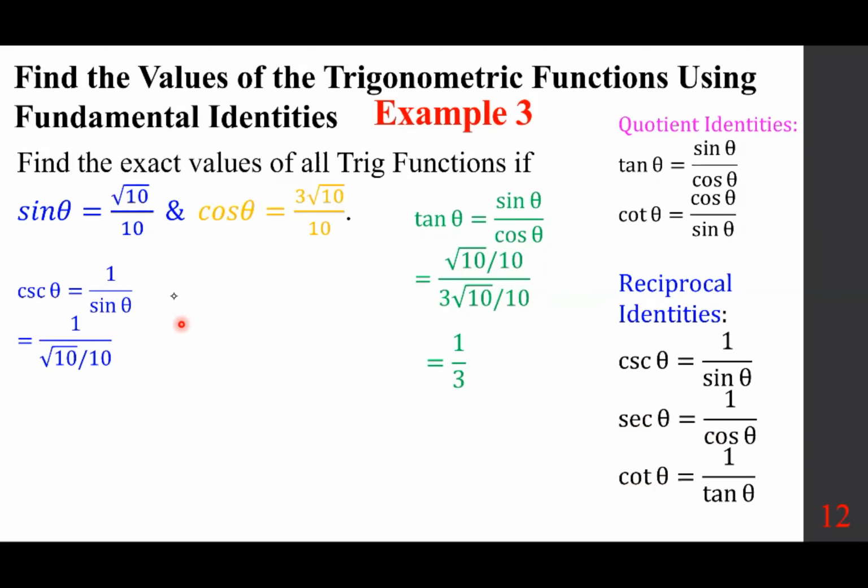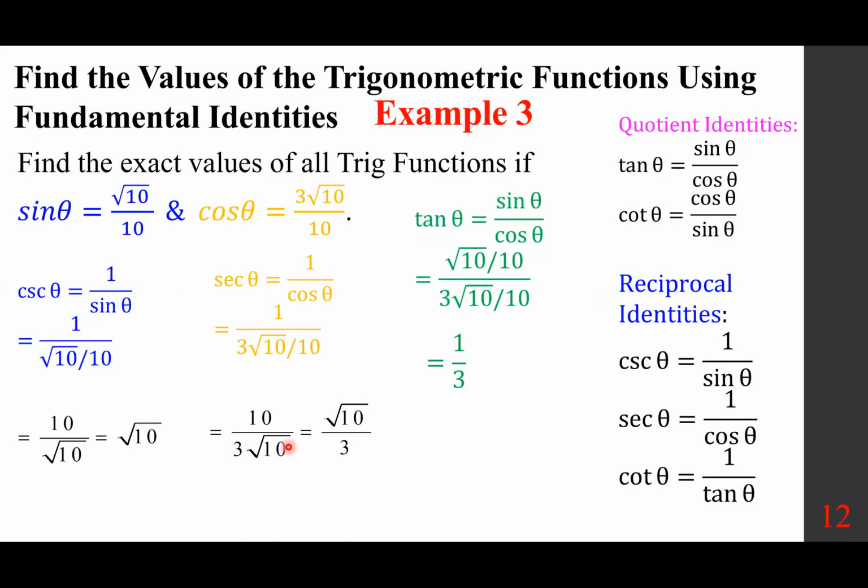And again, 10 comes at top, and it becomes square root of 10. Secant is the reciprocal of cosine, so this number 10 comes at top. By the ratio of this, it's the same thing, so it's square root of 10 over 3. And cotangent is the reciprocal of 1/3, or 3.